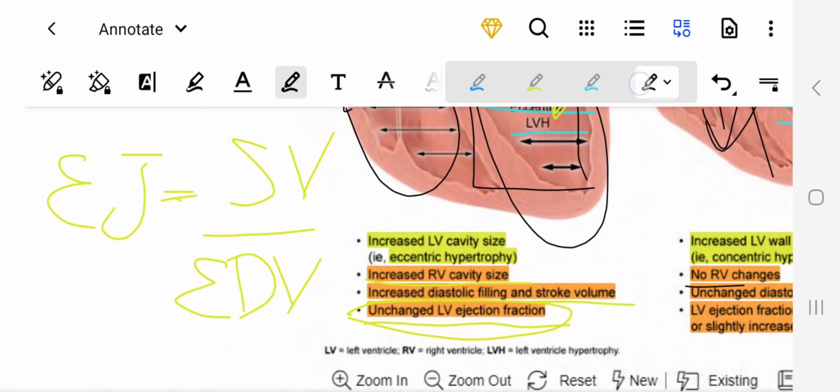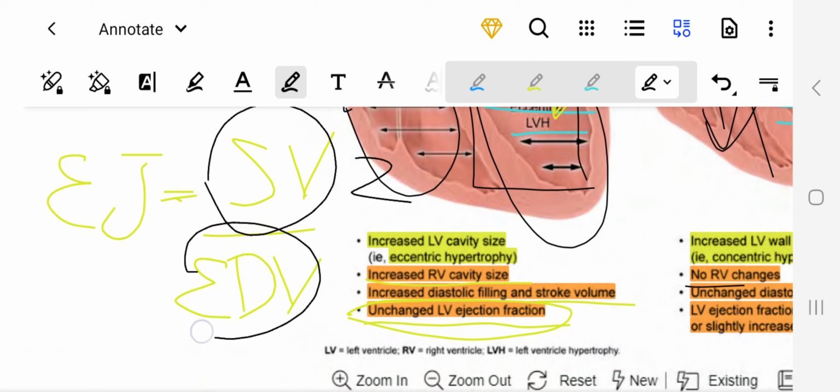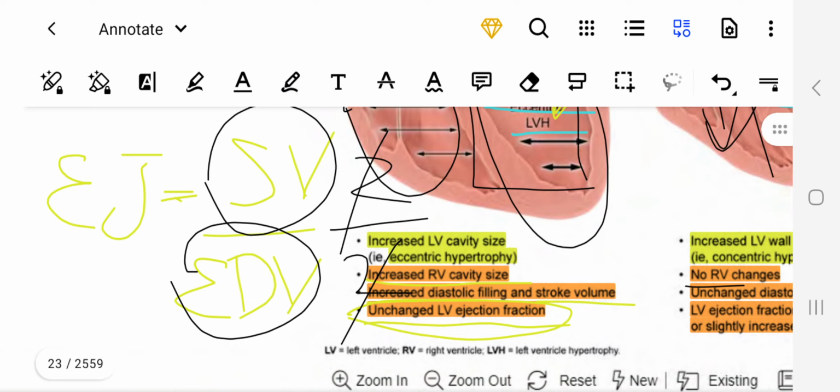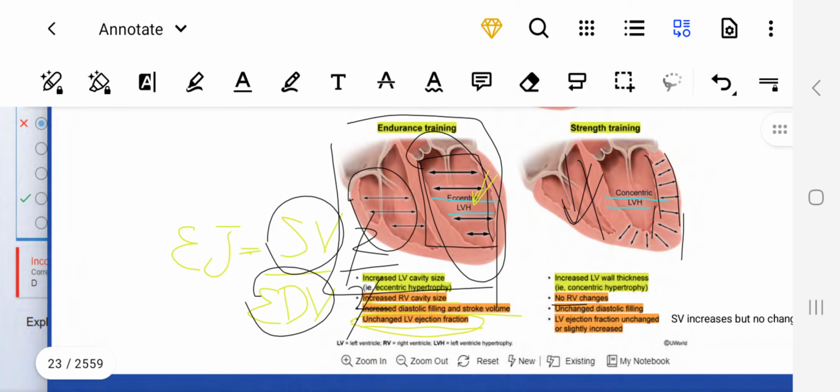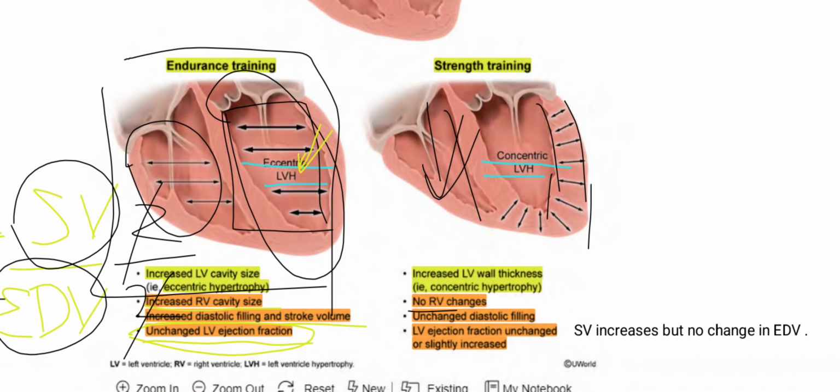I mean to say, if stroke volume is increased by 2, the end diastolic volume is also increased, let's say by 2, so that will cancel out. That's why there will be no change in ejection fraction in case of endurance training. This is important, right? But over here, if we look at the concentric hypertrophy, this is important.